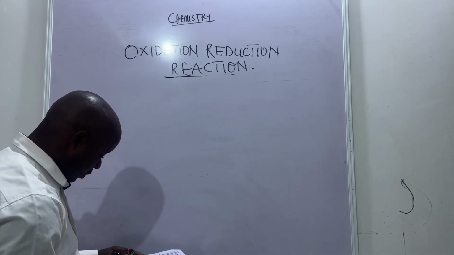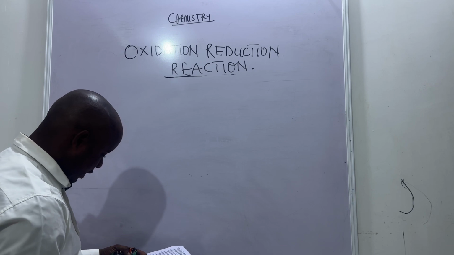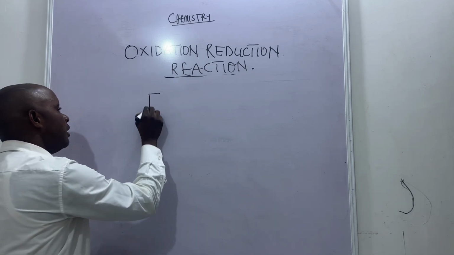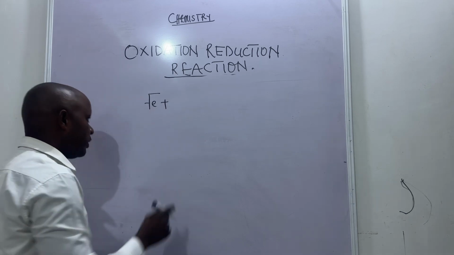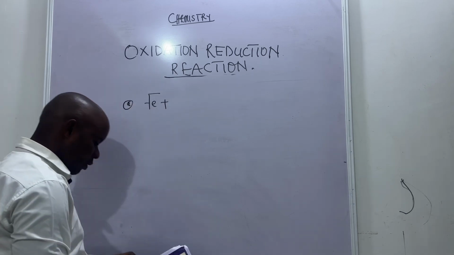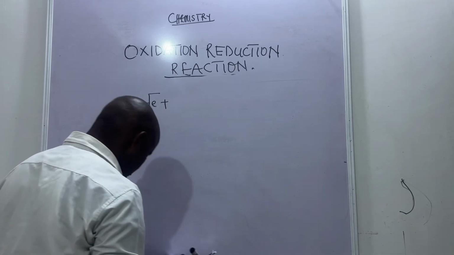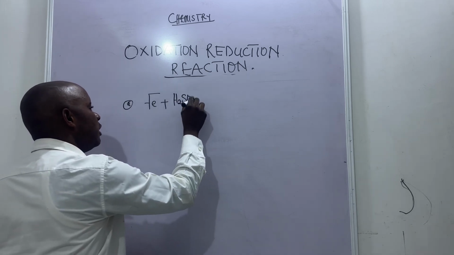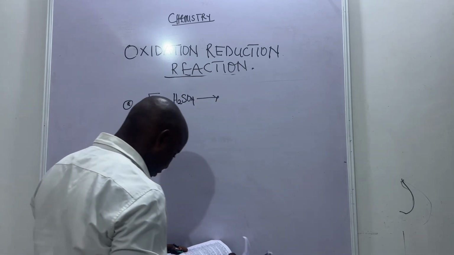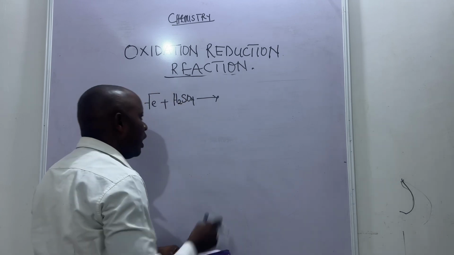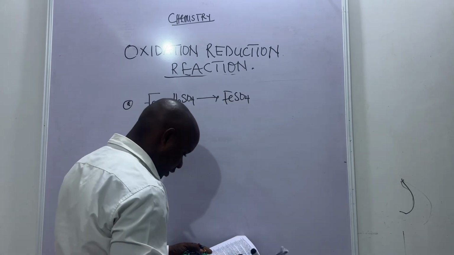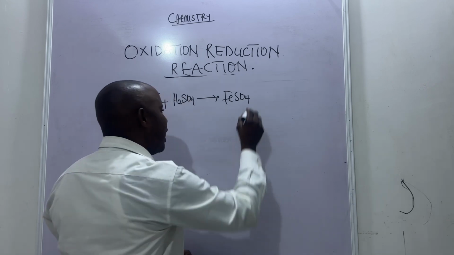So we're going to have the equations. One of them, we're going to have Fe plus, say this is A, H2SO4 to give iron SO4 plus hydrogen.